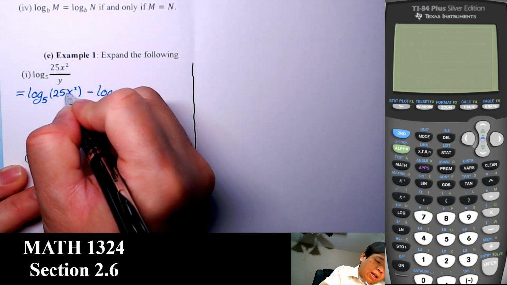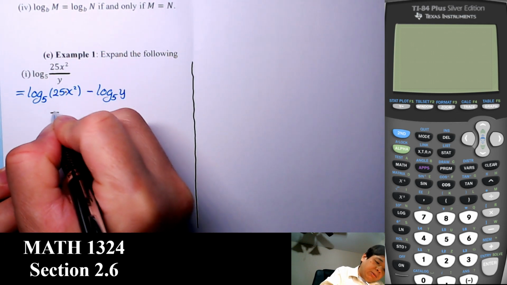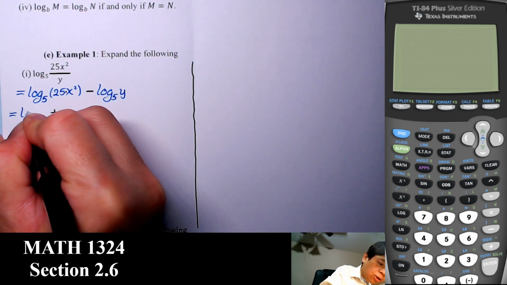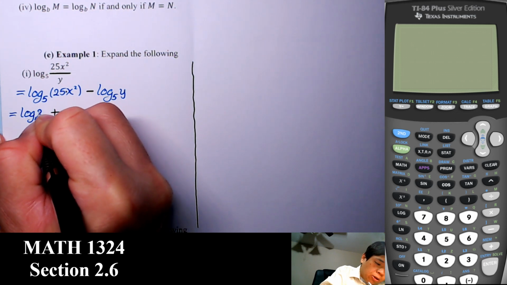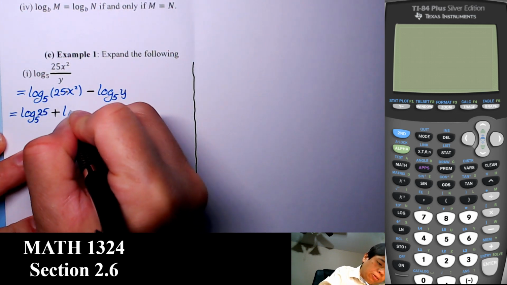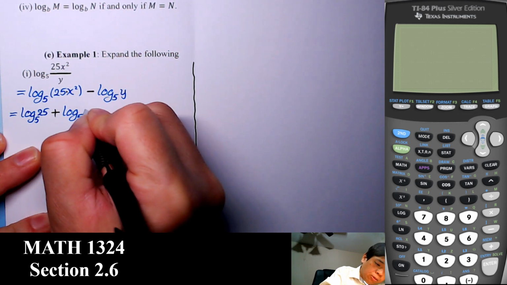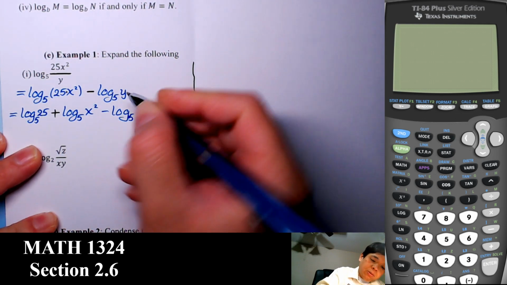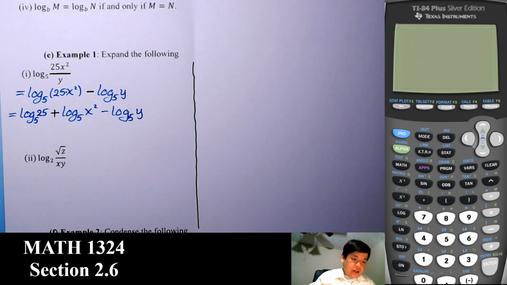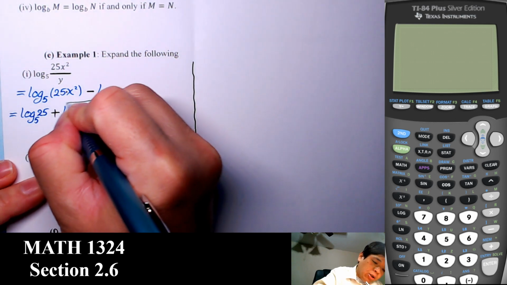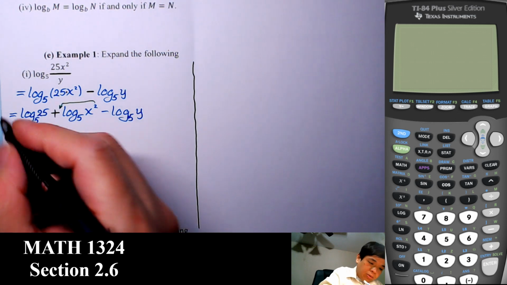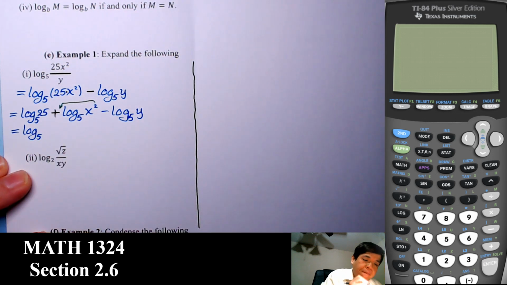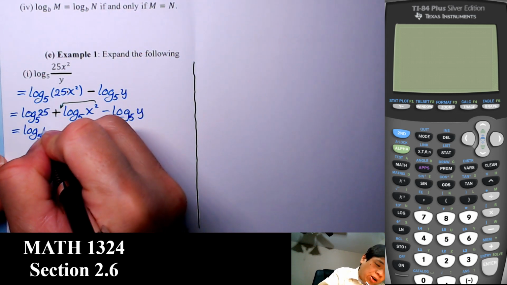Now, next we have a product, we turn it into a sum. And then the last step is just take out the 2. Alright, actually that's not 25, we can write 5 squared.